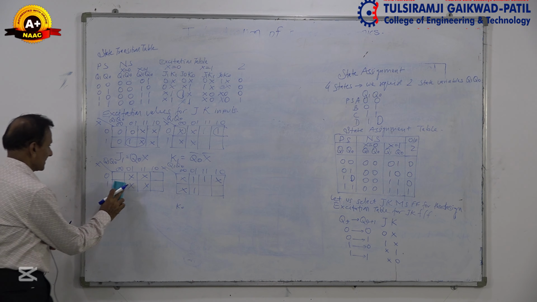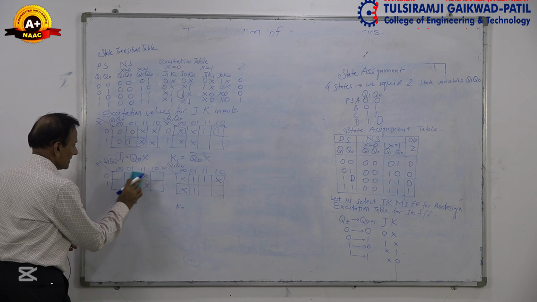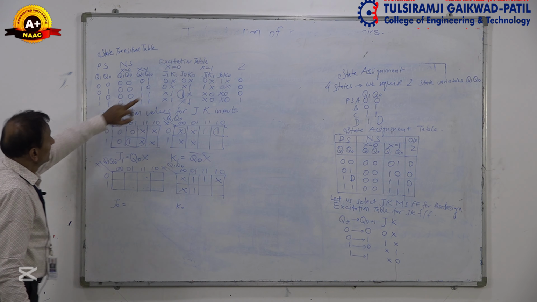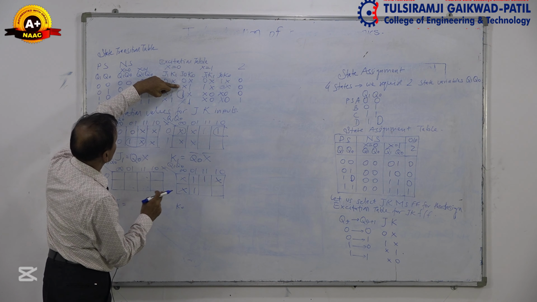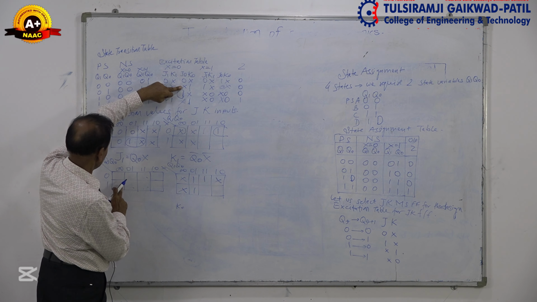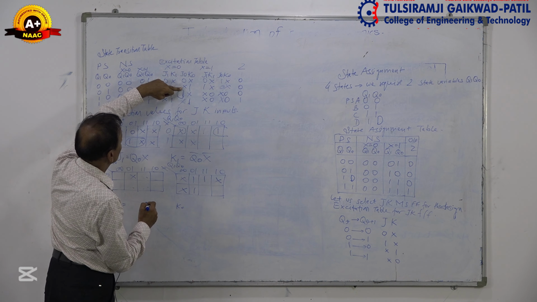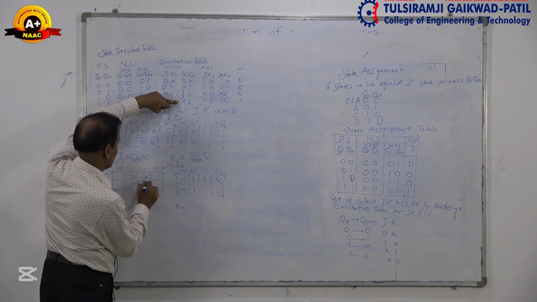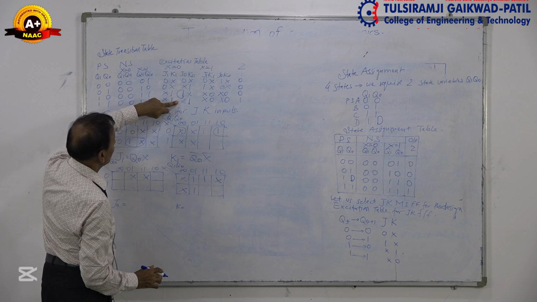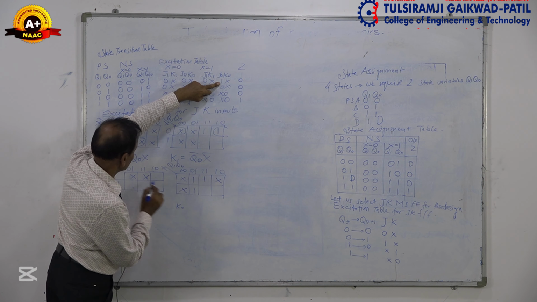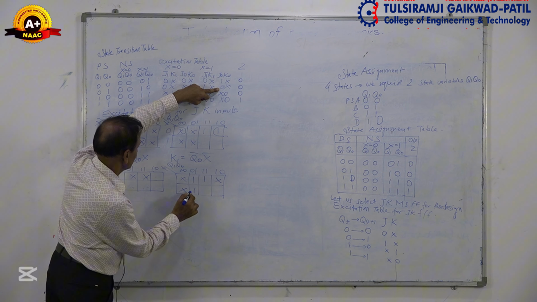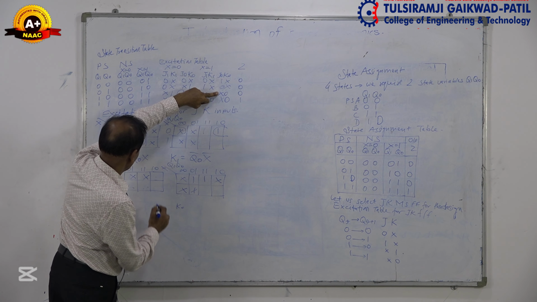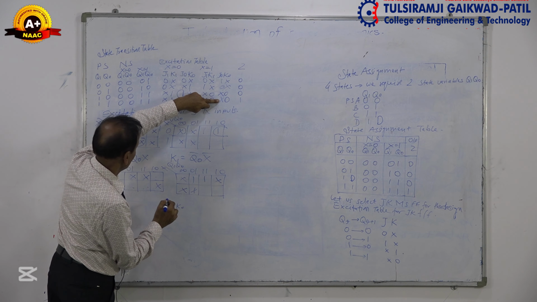Now let us find these values. J0: 0, don't care, 1, then 0, don't care and don't care, 1, and here 1, don't care, 0, don't care. Then don't care, 0 and don't care, 0.